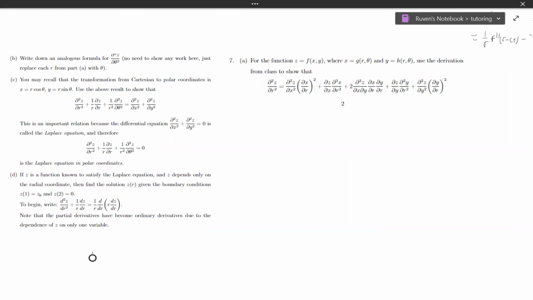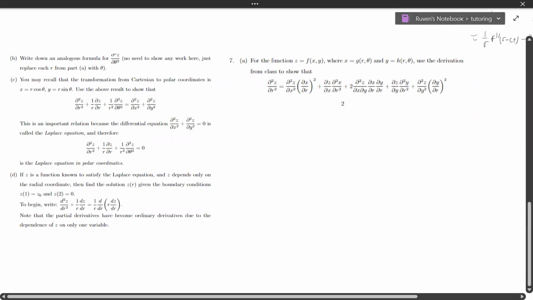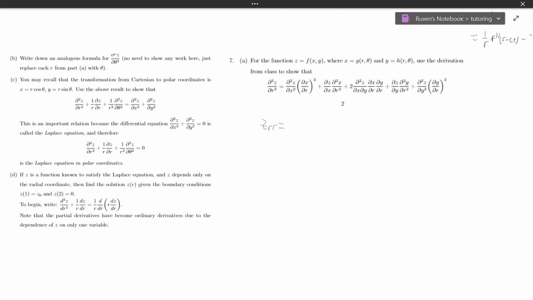So let's start. For the function z equals f(x, y), where x is equal to g(r, theta) and y equals h(r, theta), I use the derivation from class to show that this is it. In essence, what it's asking us is to say that z_rr is equal to z_xx.